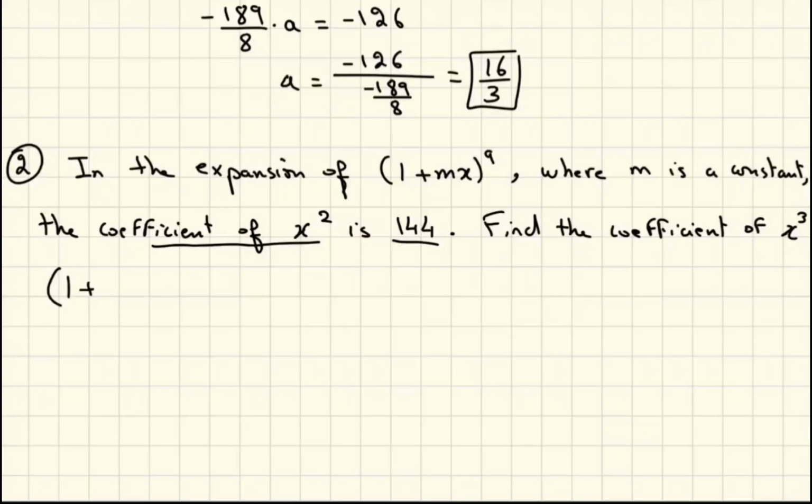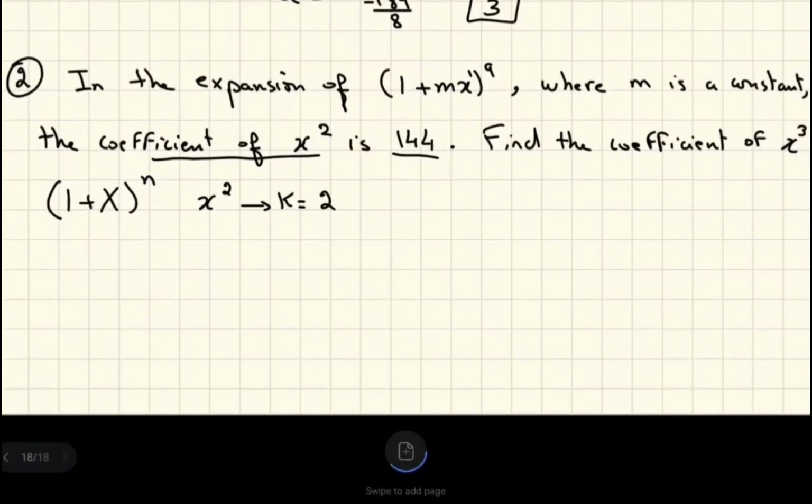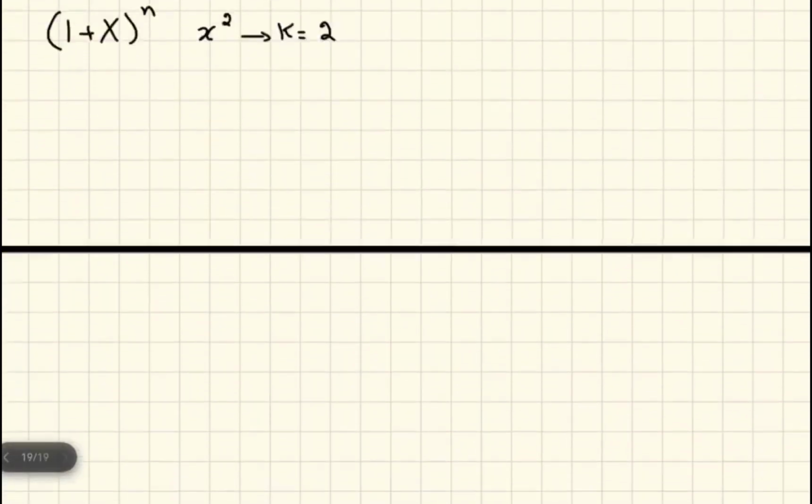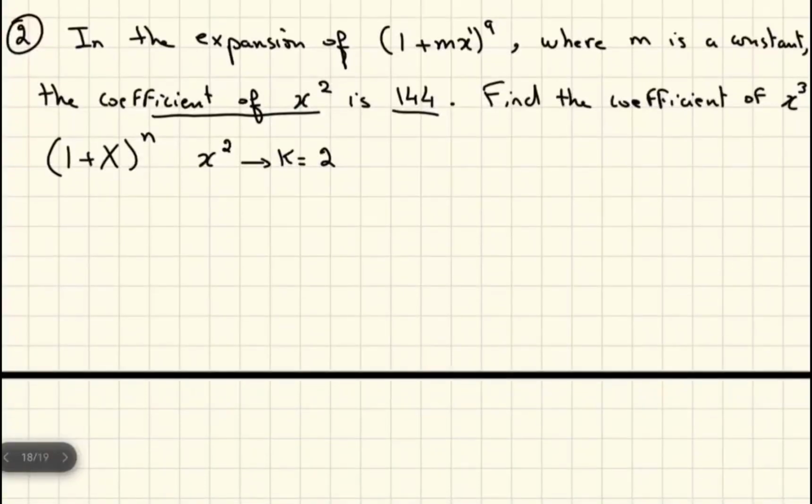Now again, I can notice that we have 1 plus big X exponent n, and whenever we have this and X has exponent 1, then if I'm talking about X squared, the K corresponding to it is 2. So let's use this fact and check what we can get. nCk, big X exponent K, so this is the general term.